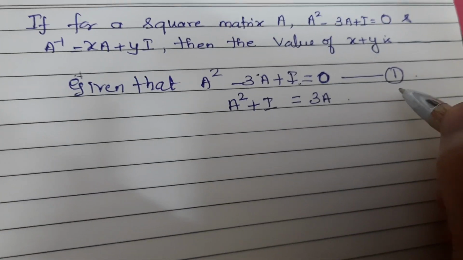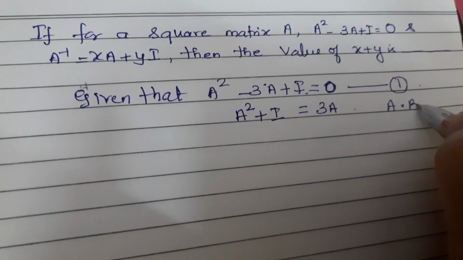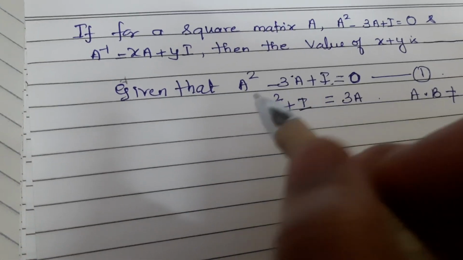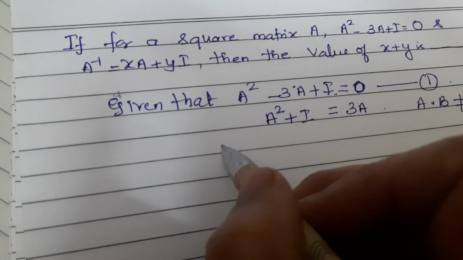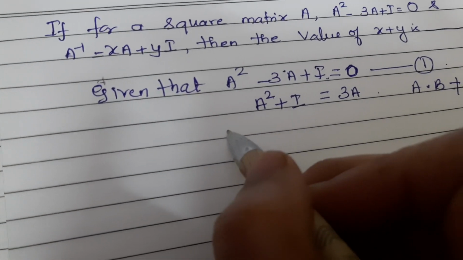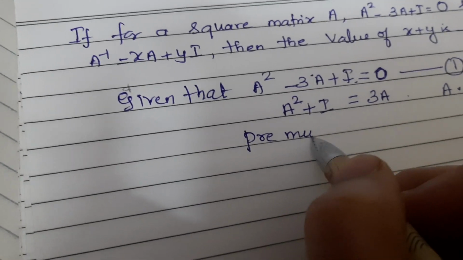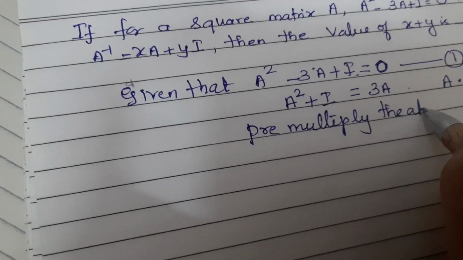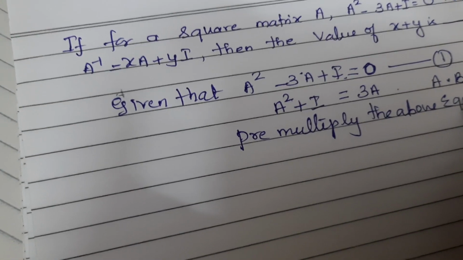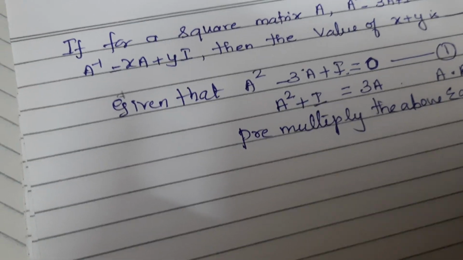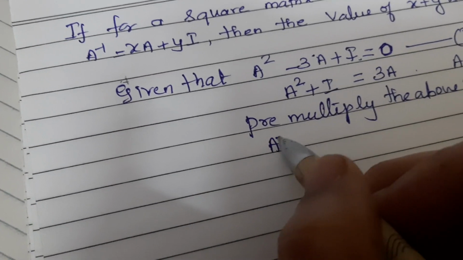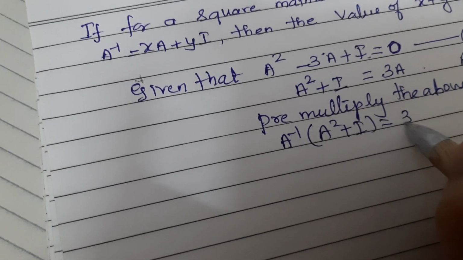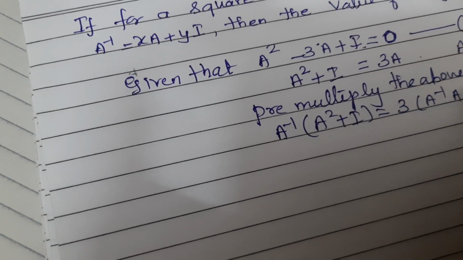That means A into B is not equal to B into A in case of matrices A and B. So let us pre-multiply the above equation by A inverse. So what happens? A inverse into A square plus I equal to 3 into A inverse A.